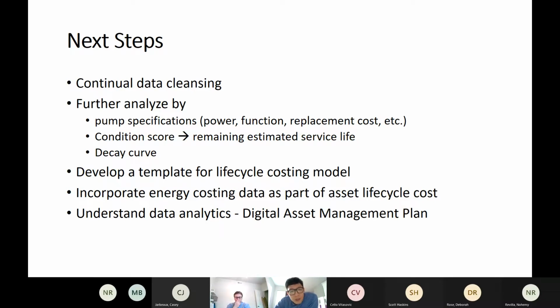Mert also talked about involving the energy costing data and inviting people from the energy team, so that we can include that information in the life cycle cost. And on data analytics, the data analytics group may want to share some of their thinking around digital asset management plans and other data analytics aspects of asset management planning.